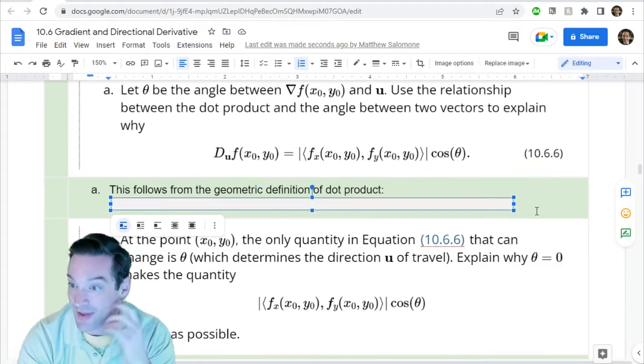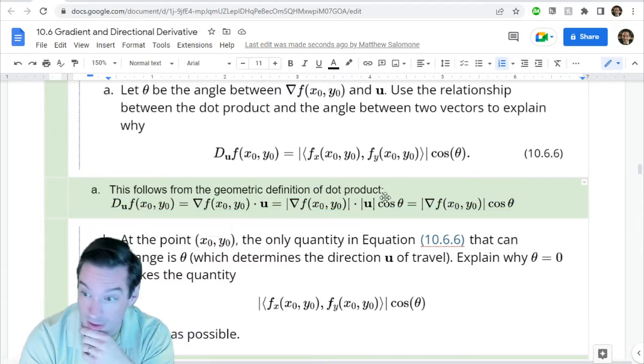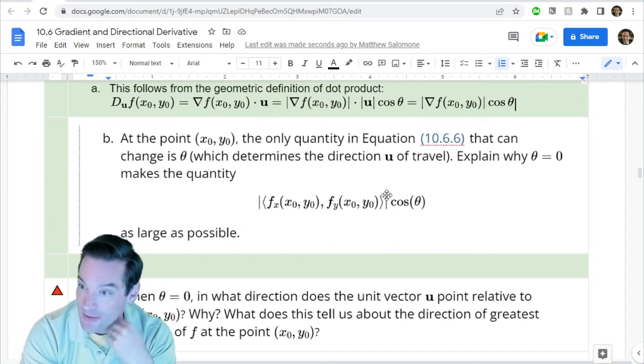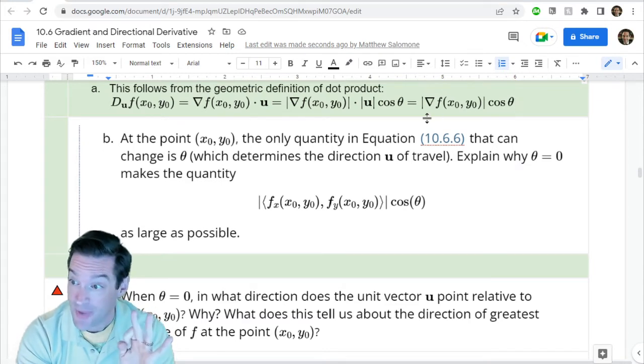Okay, so that was part A, just to make that geometric connection to what we know about how dot products work. And so in part B, the question is, explain why an angle of 0 degrees makes this quantity as large as possible.